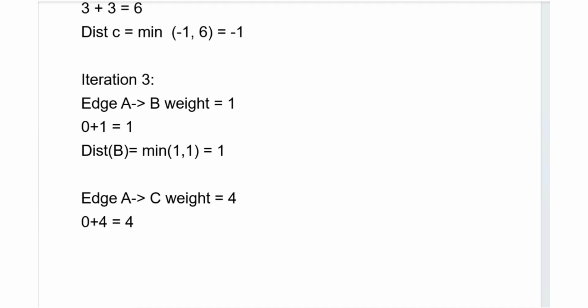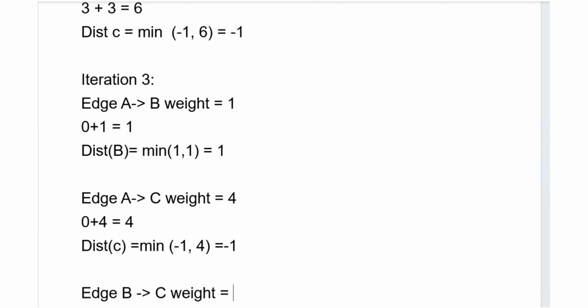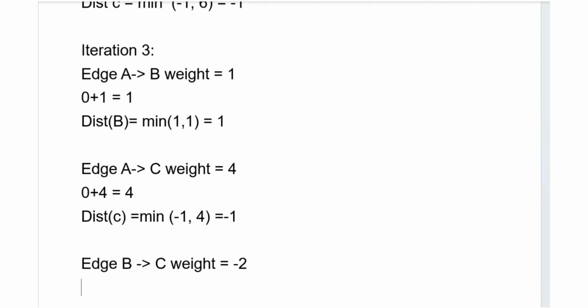A means 0. 0 plus 4 is equal to 4. We need to find the minimum distance. So the distance of C is the minimum of minus 1 comma 4. It is minus 1. This is the minimum distance, right? No update because the distance to C remains the same. Minus 1 is still the minimum.